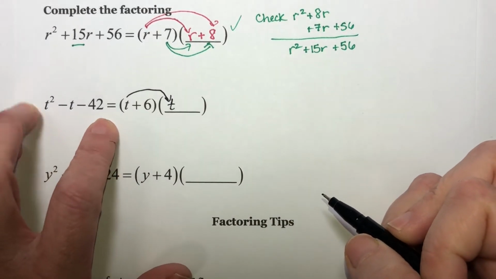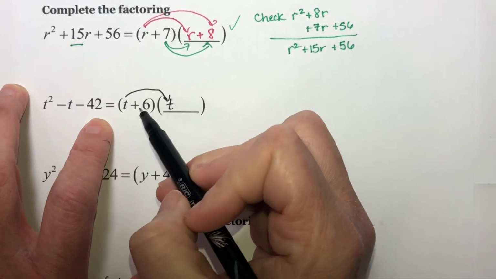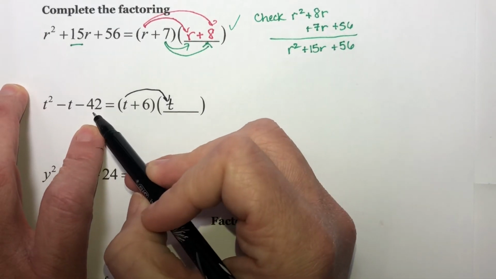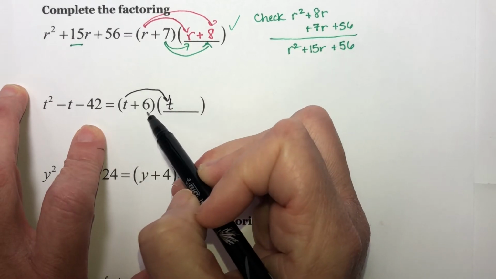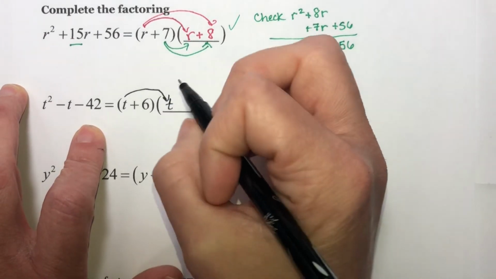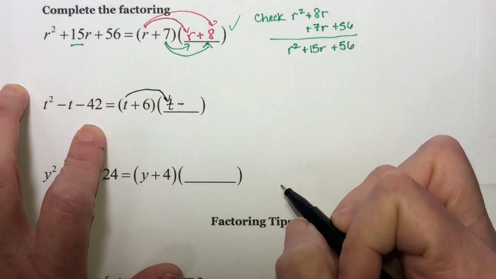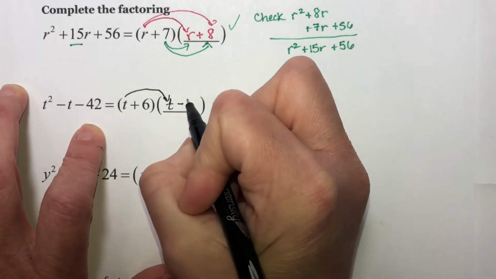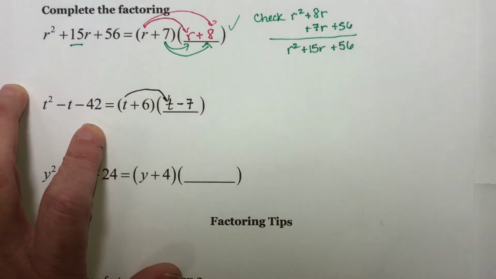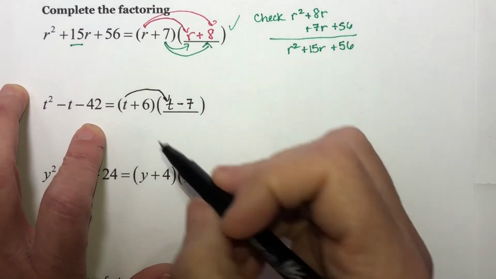That's why we do the check. Now I have a positive 6. I need to multiply it by something to get a negative 42. Well, if this is positive and I end up with a negative when multiplying, that means this is a minus sign for sure. 6 times 7 gives me 42. So my guess is t minus 7.